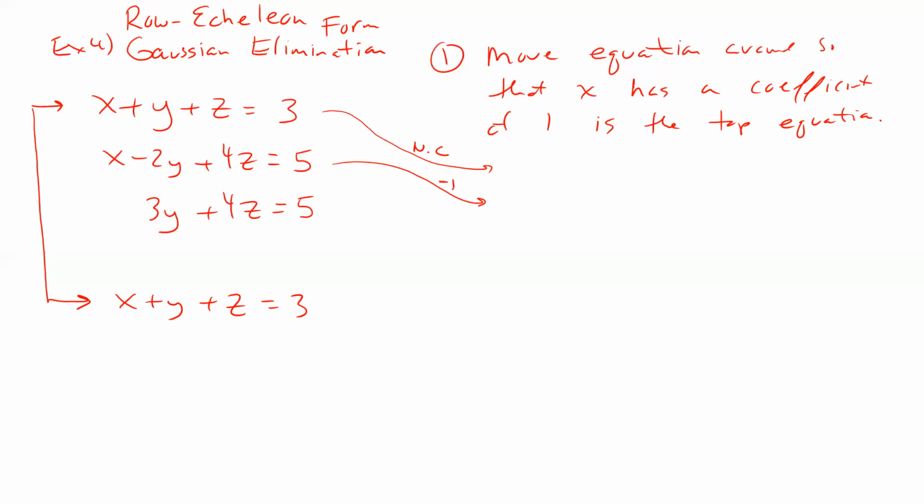It's still the same, we call it an equivalent equation, which has the same solutions. So notice on the side, it's x plus y plus z equals 3. This is negative x plus 2y minus 4z equals negative 5. And then we add them up.